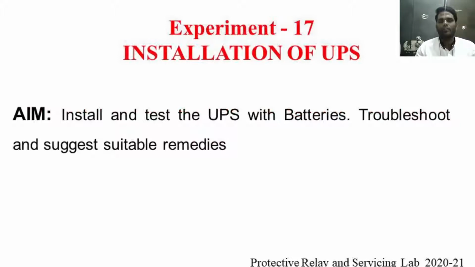The aim of the experiment is to install and test the UPS with batteries, troubleshoot and suggest suitable remedies. Here we are going to install the UPS, connect it to the batteries and to the load, and if you find any problem in a UPS, let us find out the solution for that UPS and suggest suitable remedies.